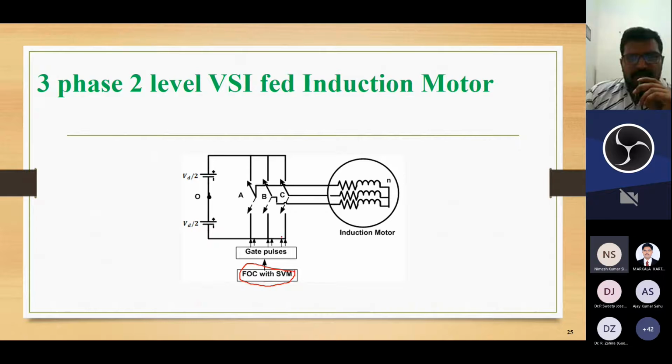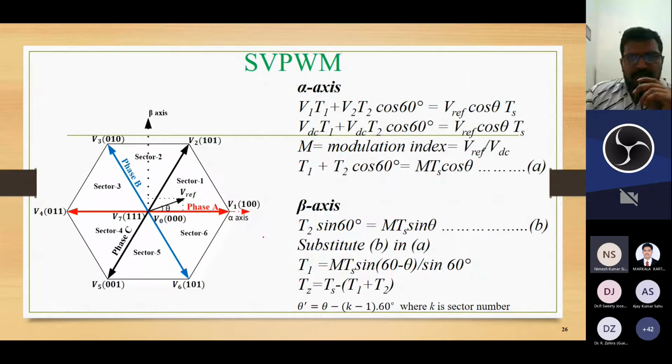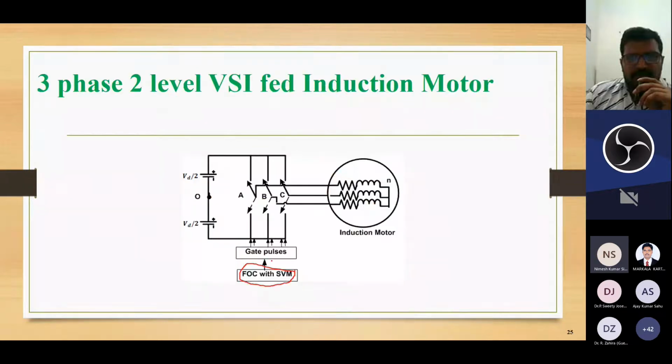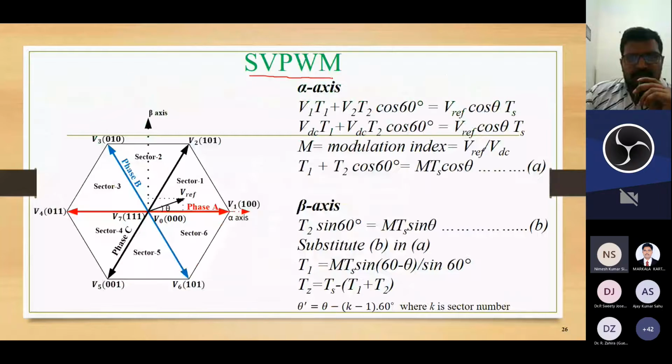Why I have to choose SVM is, you are already aware that there are various types of pulse width modulation techniques. The basic problems associated with sinusoidal PWM were already discussed in yesterday's session, I hope. So SPWM has the advantages of third harmonic injection.